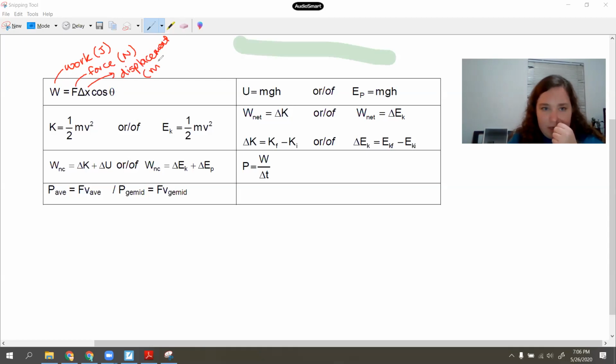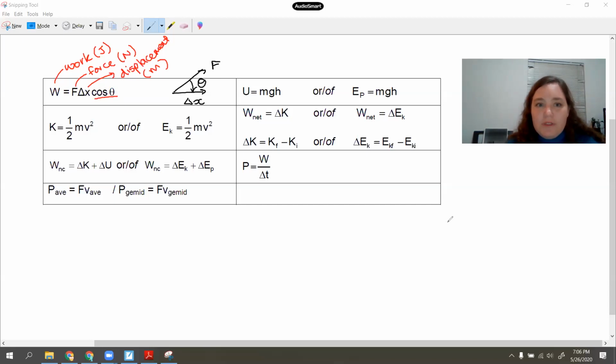And we will go into what cos of theta is in much more detail just now, but it's effectively the angle between the displacement's direction and the force's direction. All right, so the angle between those is what we call theta.